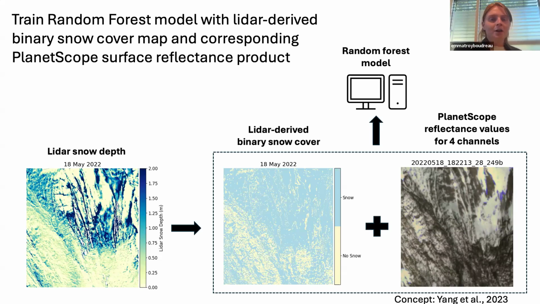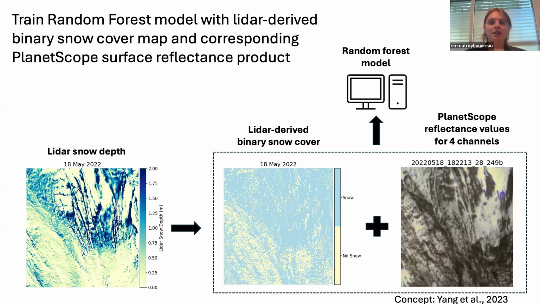And so then when you find a corresponding PlanetScope image with a date for a given LiDAR flight, you can actually match up that snow or no snow label to the 4 different bands or reflectance values that we had looked at that those sensors can capture.